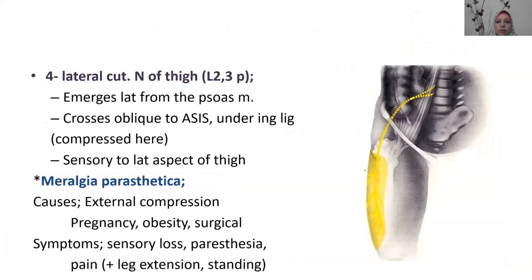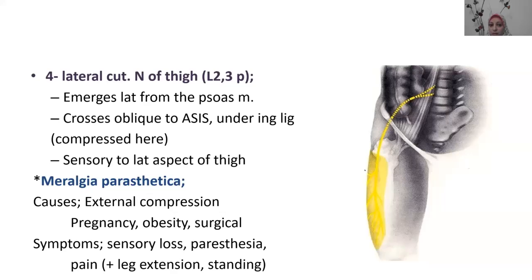The fourth branch is the lateral cutaneous nerve of thigh. It's derived from the posterior division of L2 and 3. It's a purely sensory nerve. It emerges from the lateral side of the psoas muscle and crosses obliquely towards the anterior superior iliac spine, and then passes under the inguinal ligament, in which place it may be compressed.